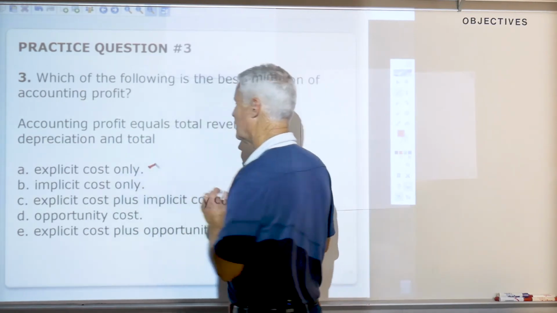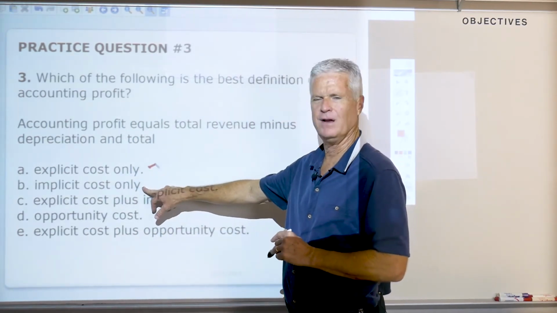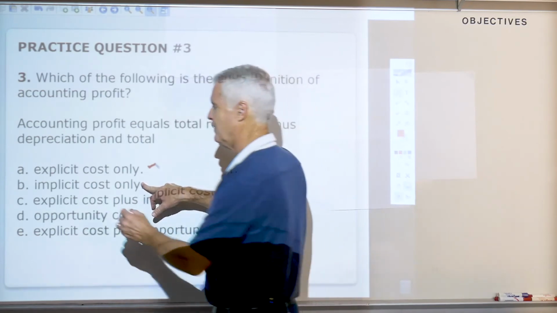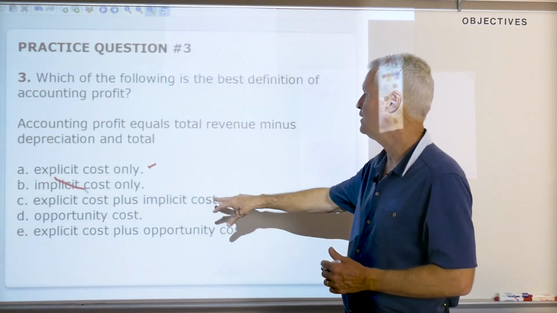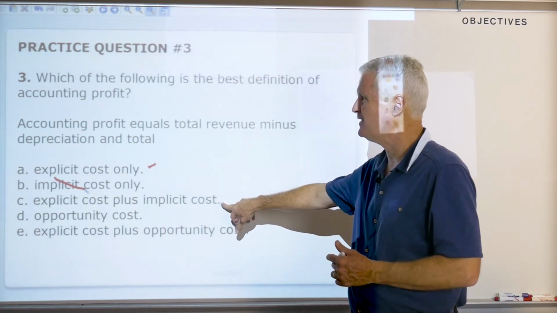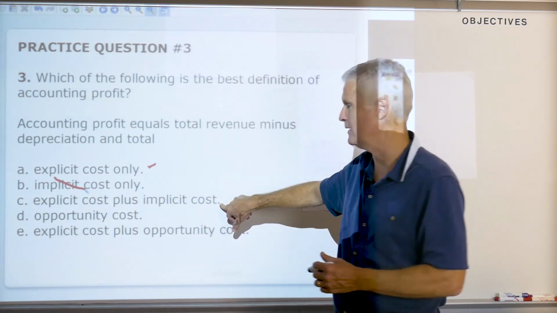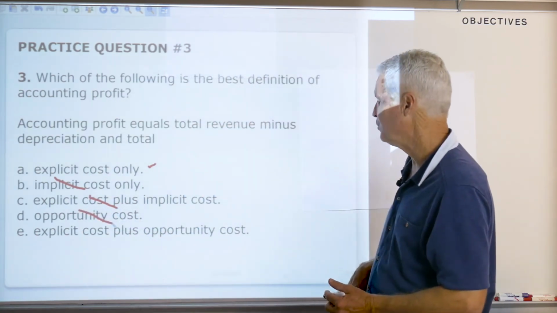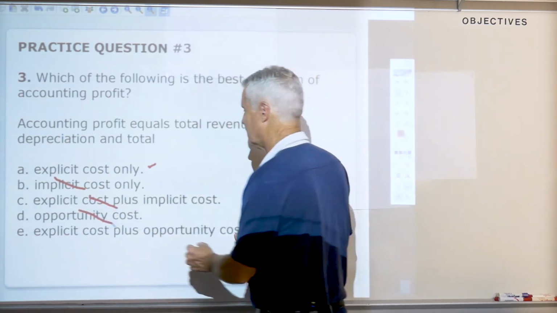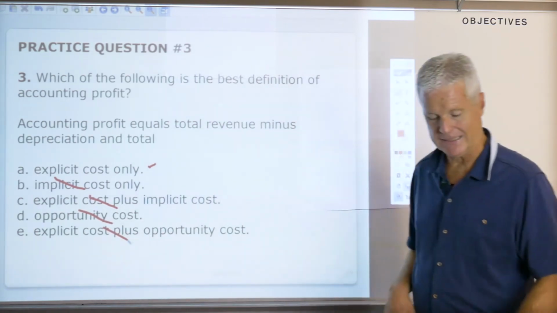Okay, so let's make a little mark. Looks like it's right. Implicit, no, there's nothing that would be implicit. Even economic includes implicit, but not just implicit. Total explicit plus implicit, actually that sounds like economic profit, doesn't it? So that's not it. Opportunity cost, no. Explicit cost plus opportunity, no, that's opportunity cost again. So the answer really is A.